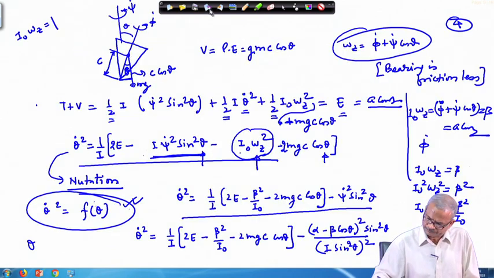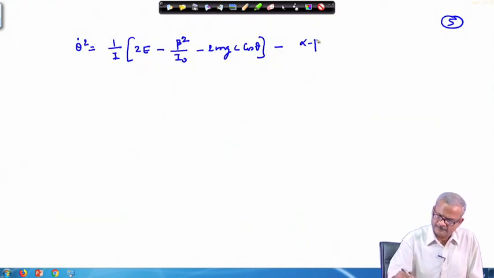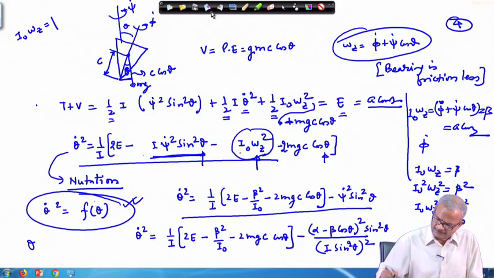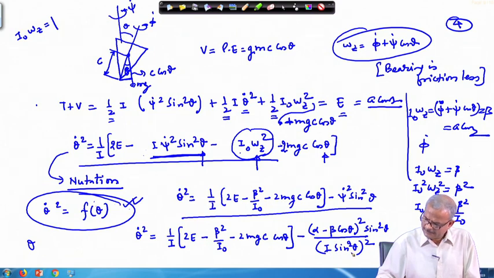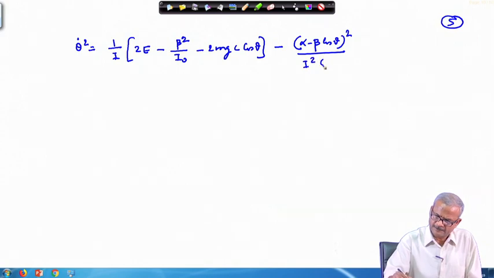minus alpha minus beta cos theta, so this whole square, and then I square sin square theta. So, we get here I square sin square theta.